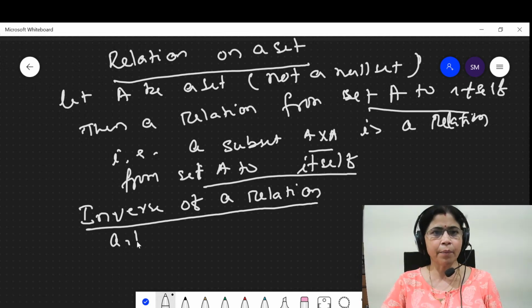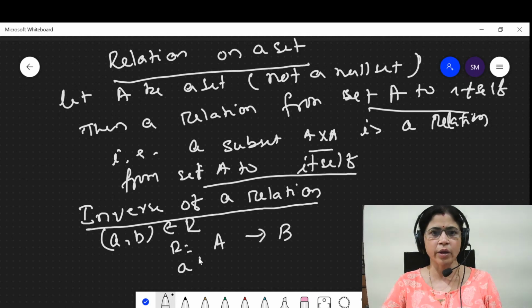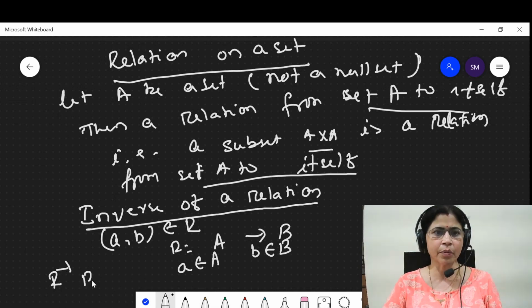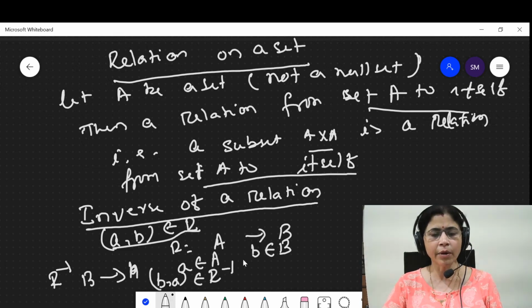Suppose (a, b) belongs to R, where R is a relation from A to B in such a way that a belongs to A and b belongs to B. Then the R inverse is a relation from B to A. This means if (a, b) belongs to R, then (b, a) belongs to R inverse.